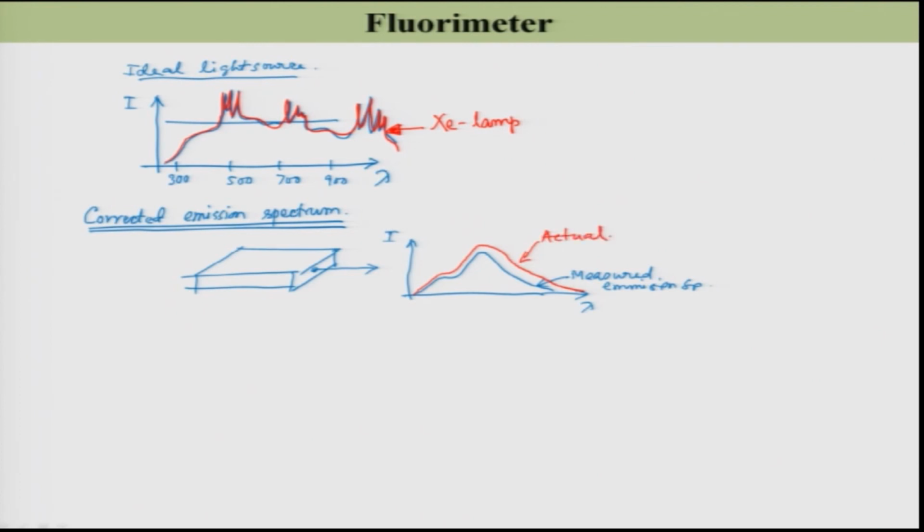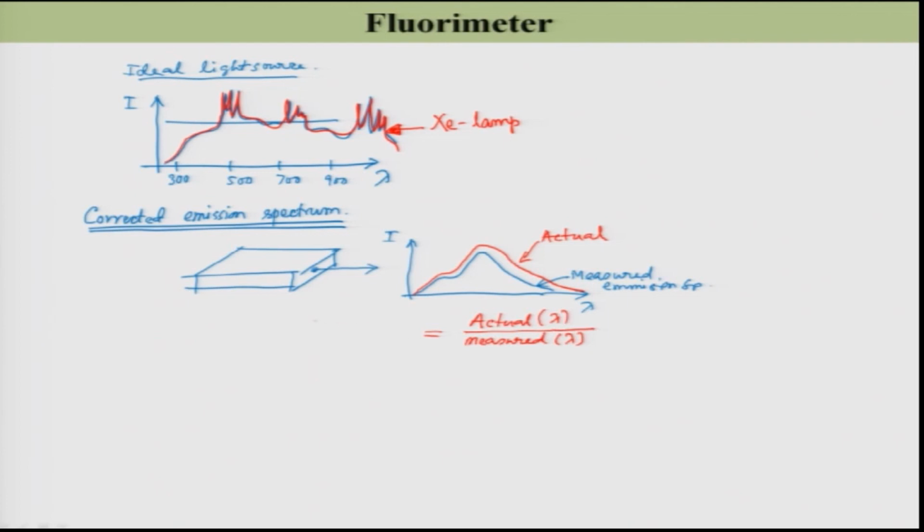So, what you can do simply, you can generate one curve, right, by dividing actual by measured. So, if you do it this way, actual by measured, what you will get, so this obviously at a particular lambda, right. So, this is lambda, this is lambda.